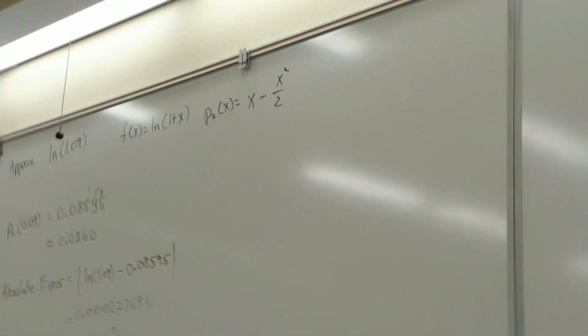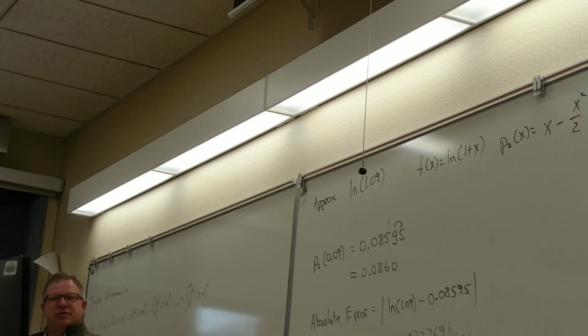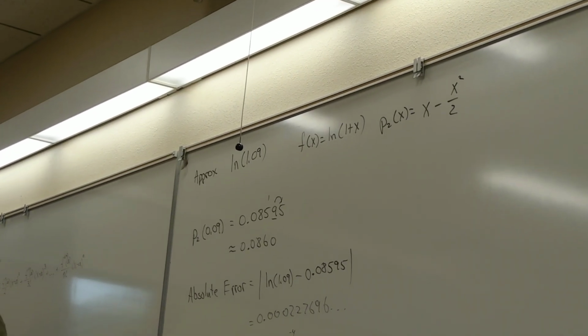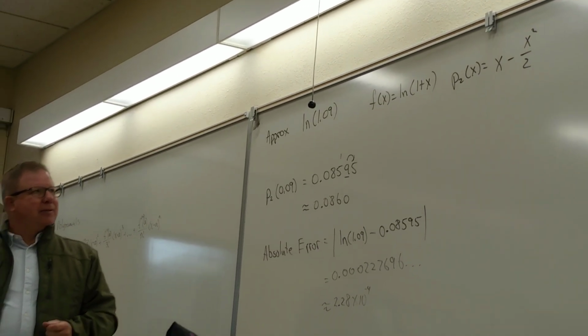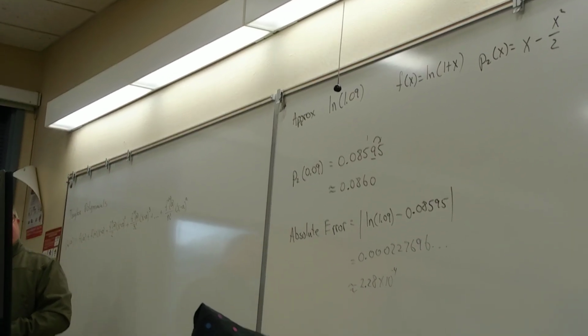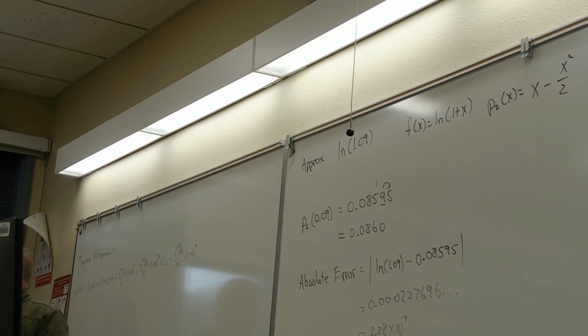And the very first time I taught this, that really hung me up. I kept putting 1.09 and it didn't work. So for instance, if the function was just ln of x, then we would use the 1.09? Yes.